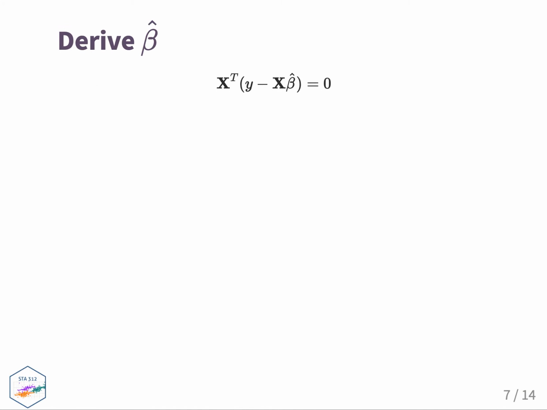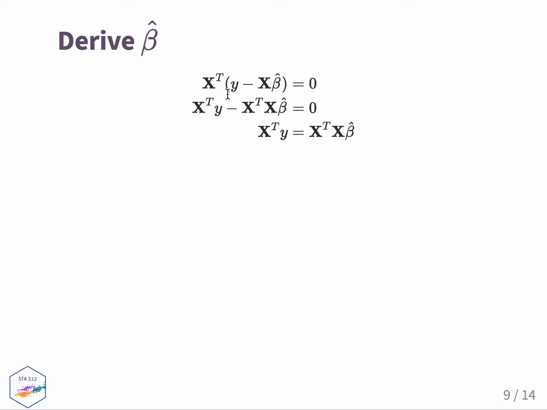All right, let's walk through how we would do this. The first thing we would do is pull this x transpose through. We'd end up with x transpose y minus x transpose x times beta hat. Now I'm going to move this x transpose x beta hat over to this side, so I have x transpose y equals x transpose x beta hat. This should look really familiar.